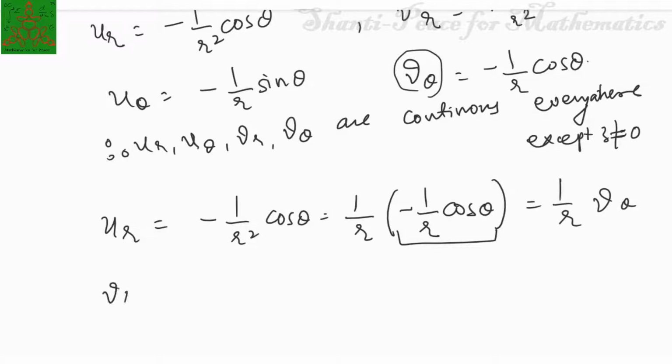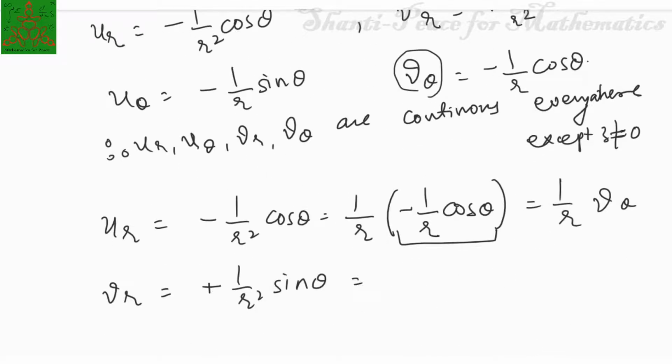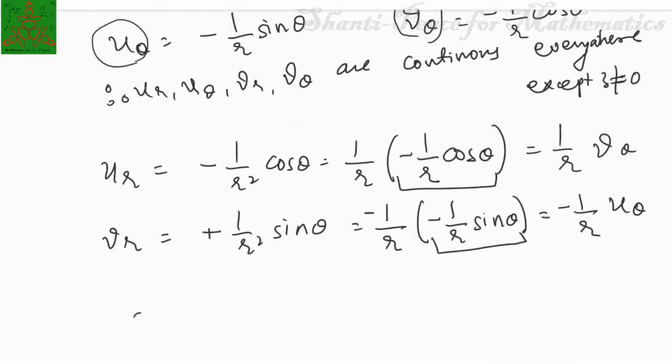And vr, which is plus 1 upon r square sin theta, I can write as minus 1 upon r times minus 1 upon r sin theta, and minus 1 upon r sin theta is u theta. So you have ur is equal to 1 upon r v theta, and vr is equal to minus 1 upon r u theta.